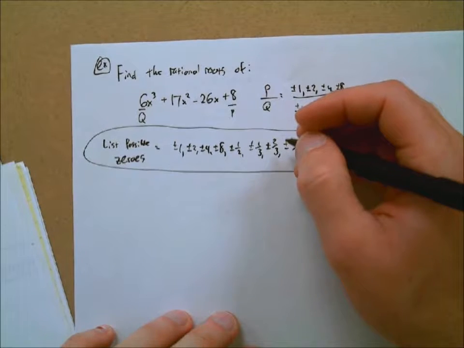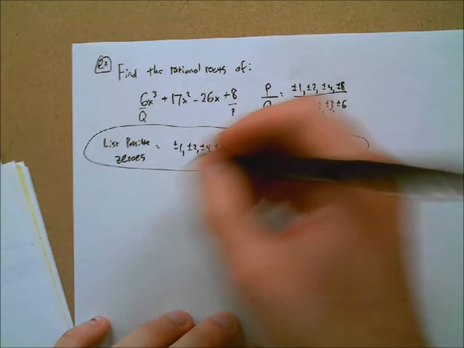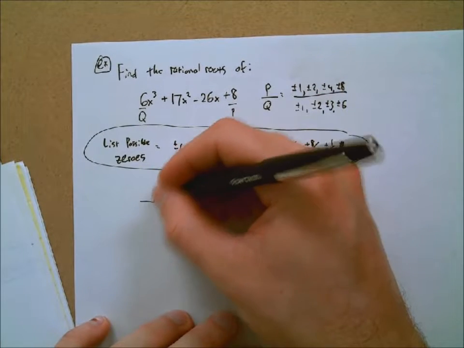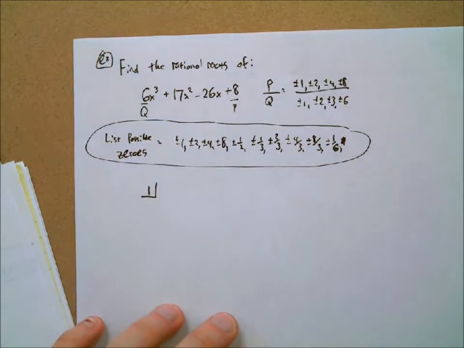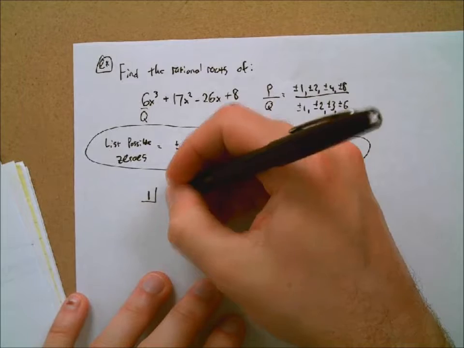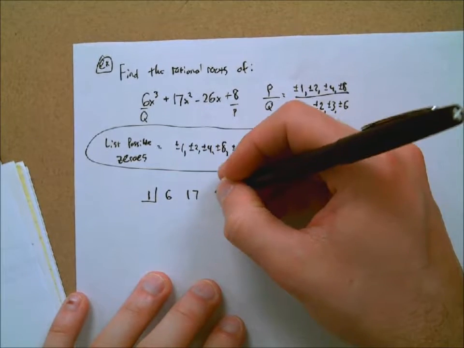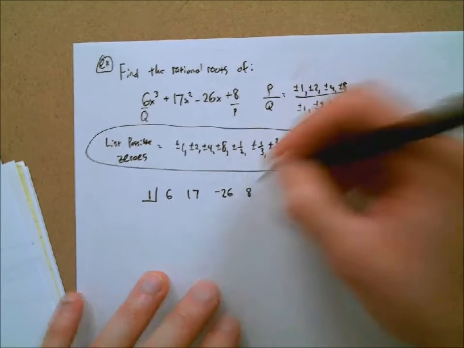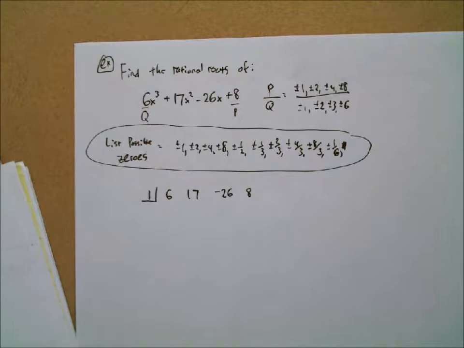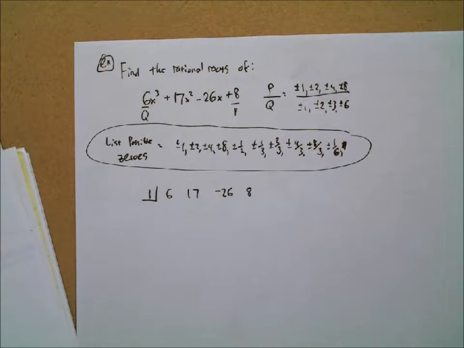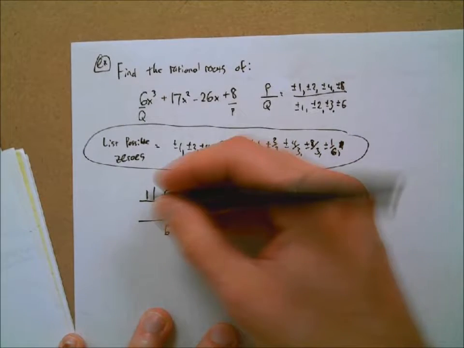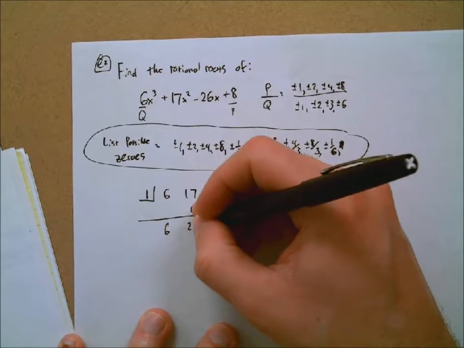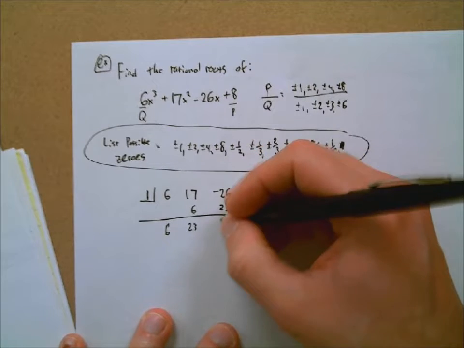So anyway, let's guess here, and I'm going to guess 1, just to start out and hope that it works. So that means then 6, 17, negative 26, and 8. If I drop down the 6, I get 6 times 1 is 6, so that's going to be 23, and negative 26 and 23 is negative 3.